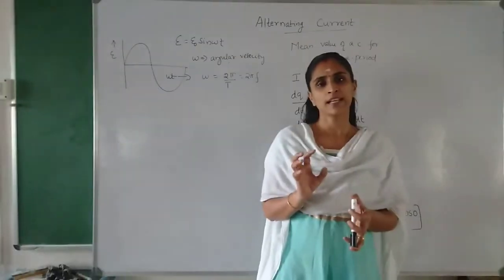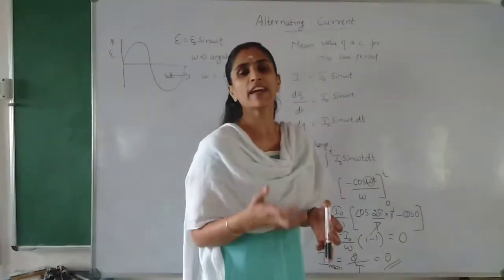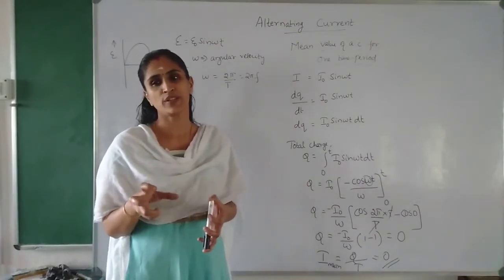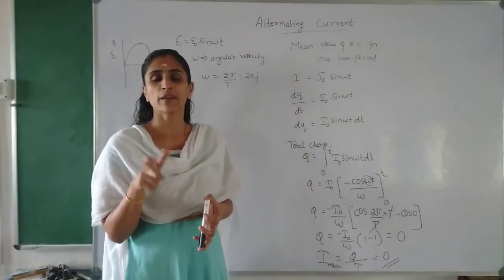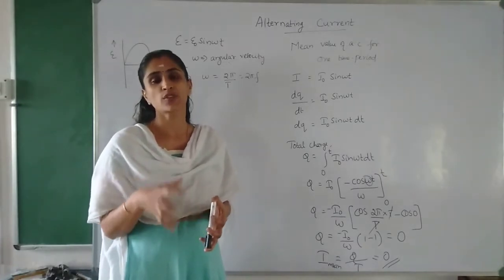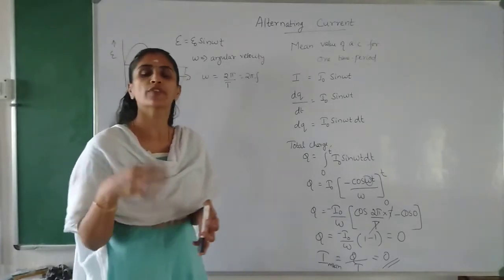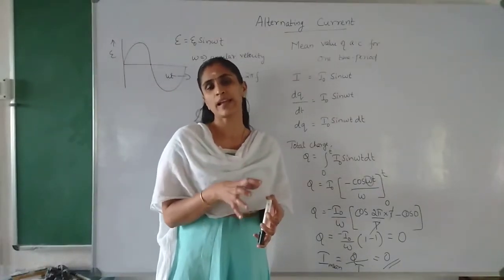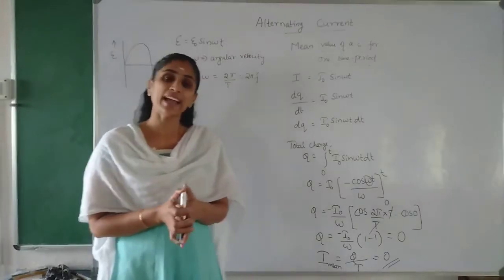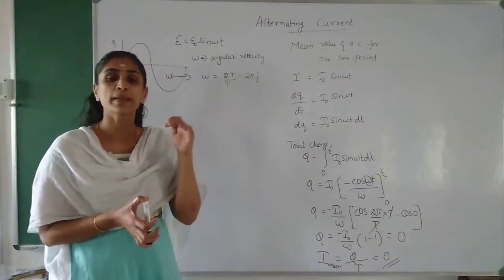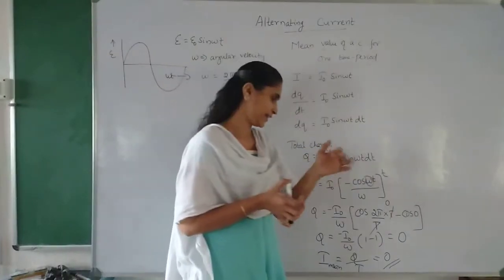Is it clear? Whenever we measure DC current, we can detect the presence of current by using a galvanometer, or we use an ammeter, which is itself a converted galvanometer. That depends on the magnetic effect of current, which depends on the direction of the current.